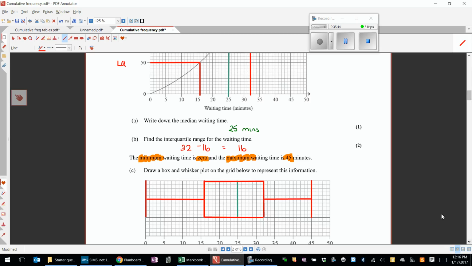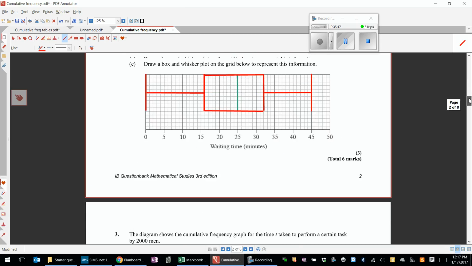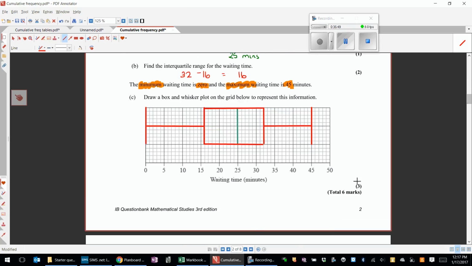Just to check, that box plot is worth 3 marks. How do you think you can ensure that you're going to get all 3 marks? Doing the quartiles, the median. Yeah, so quartiles, getting them right would be 1 mark. Getting the median right would be 1 mark.